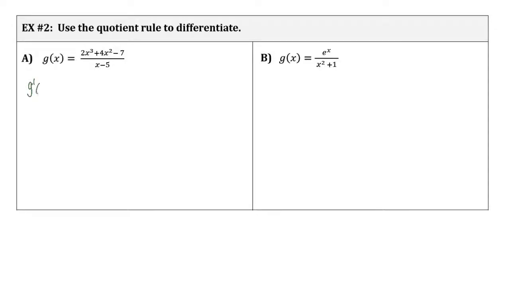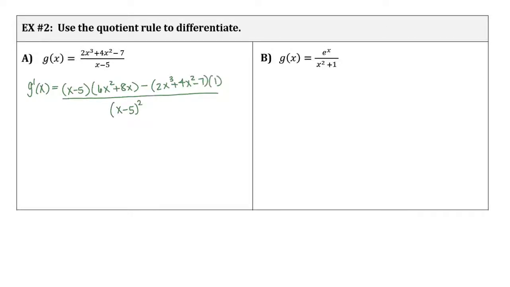So we have g prime at x equals, and so again you start with the bottom times the derivative of the top minus the top times derivative of the bottom, and it is all over the bottom squared.